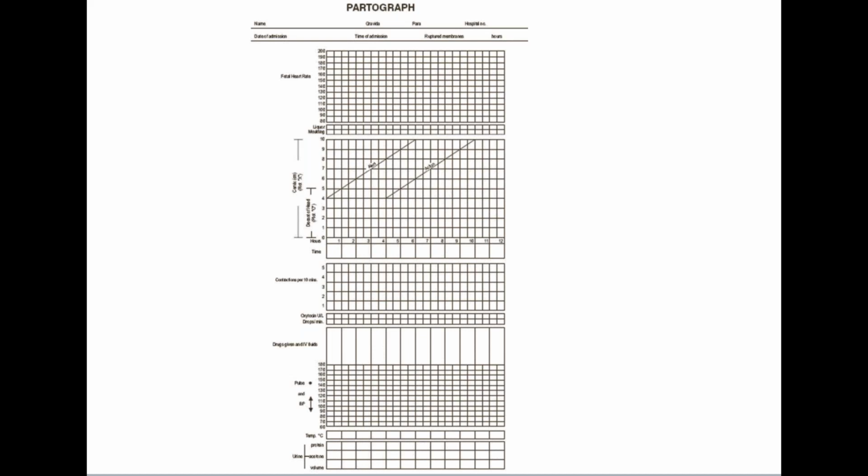Okay, so what are the parameters of the Partogram and how to fill it? First of all, if you look at the beginning of the sheet at the top, there are the details of the patient. So we need to write the full name of the patient, the gravidity and parity, the hospital number, the date of admission, and whether the membranes are ruptured or not, and if ruptured, for how many hours.